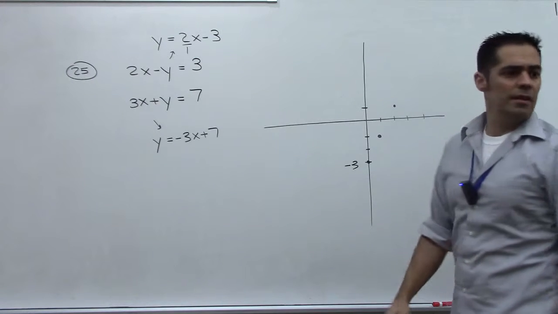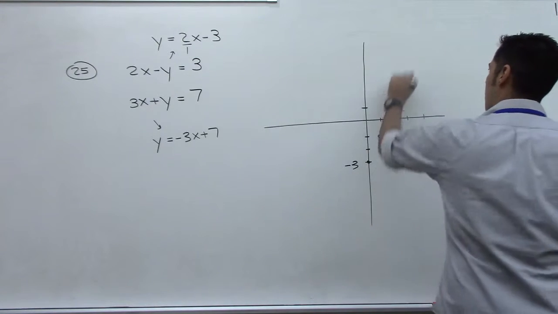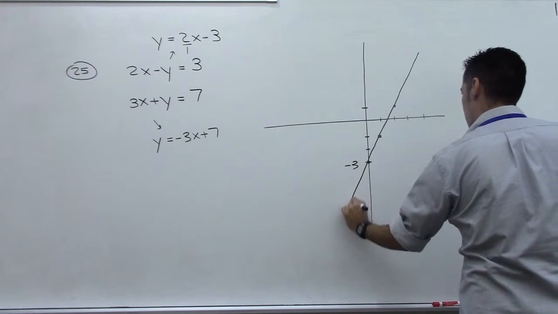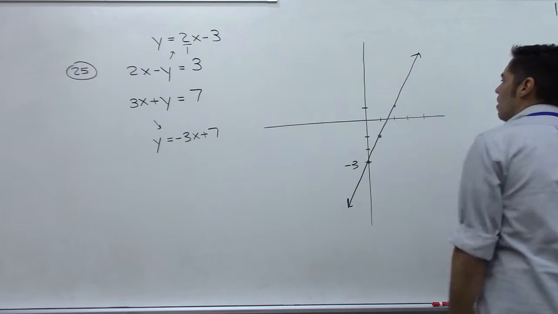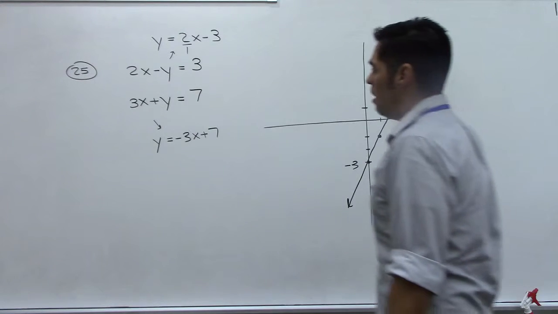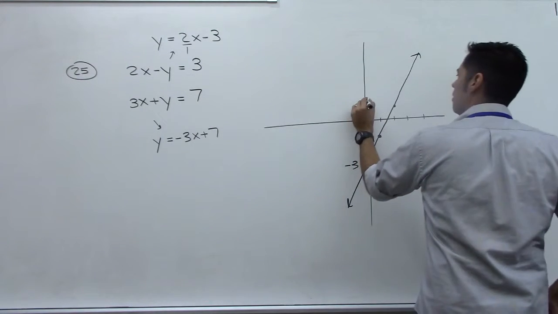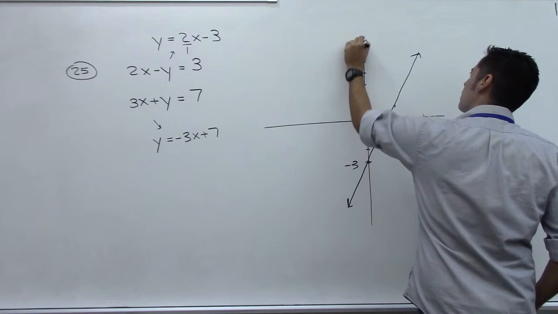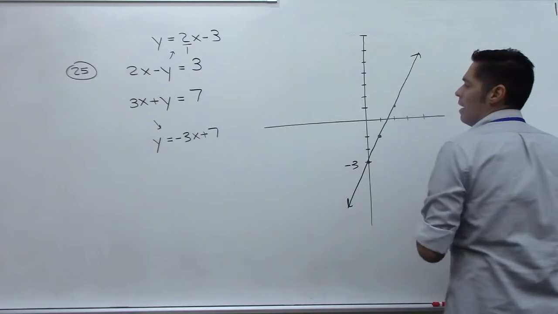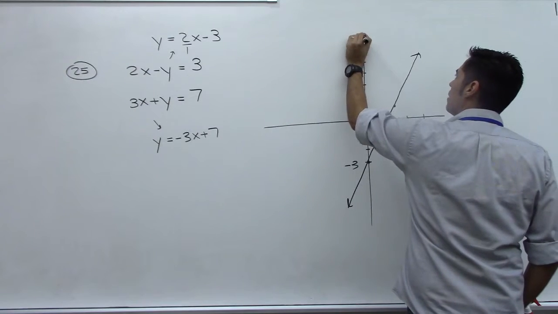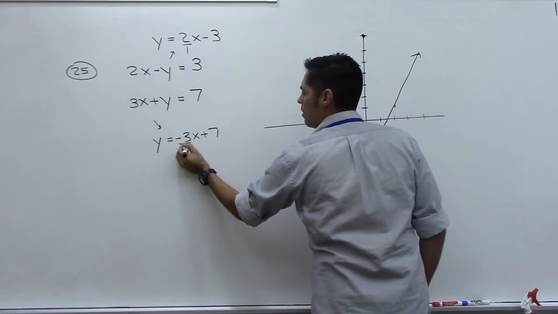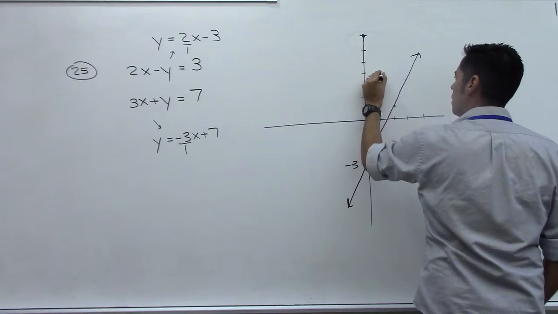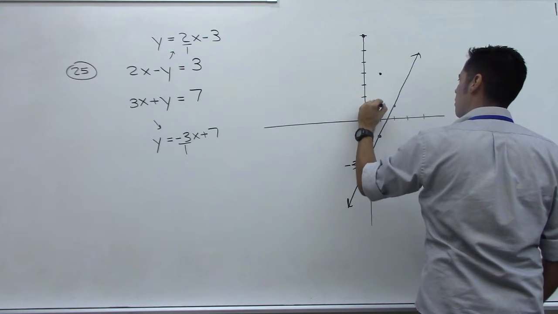I don't have a straight edge in here. I used to have a ruler in here. Close enough. So that's one line. The other line, I start at 7: 3, 4, 5, 6, 7, right? And from that point, I use the slope negative 3 over 1, so that's down 3 to the right 1, and then down 3 to the right 1.